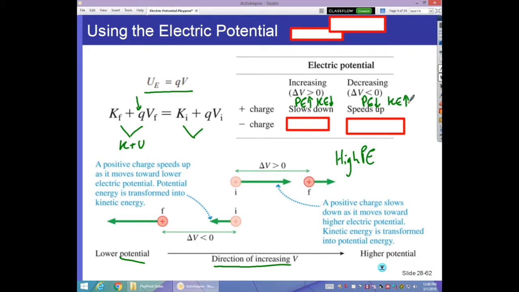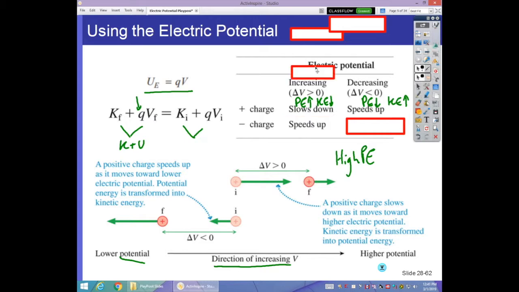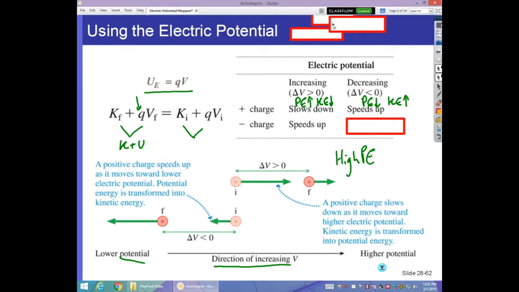Negative charges do the opposite, of course. You can think of a negative charge as a balloon. What happens when you let a balloon go? It goes up in the air. It goes to higher and higher potential energy, so we think, and it speeds up while doing so. And that's all because as a negative charge moves to higher voltage, it actually loses potential energy.